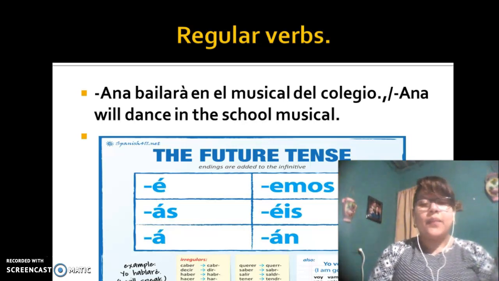And we have another example. Ana bailará en el musical del colegio. Ana will dance in the school musical.